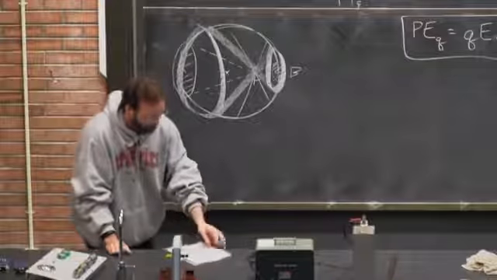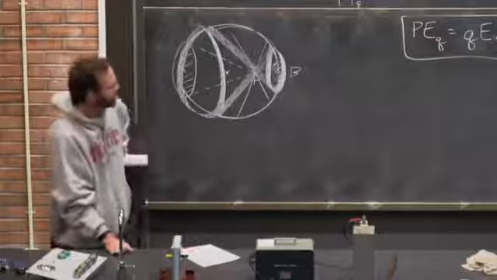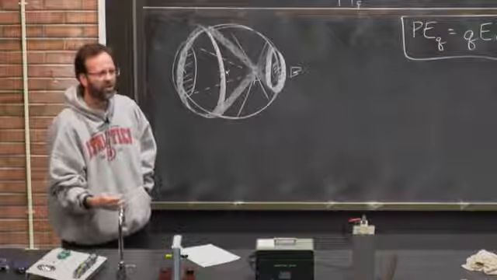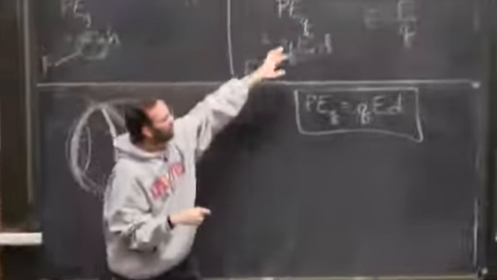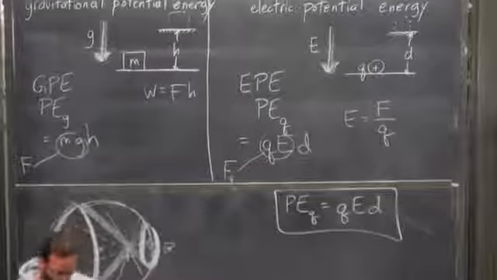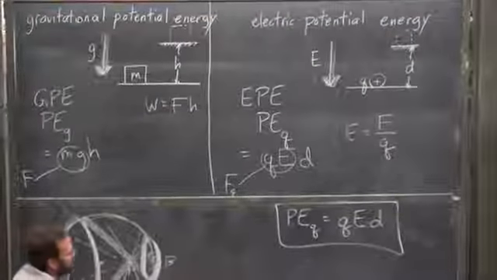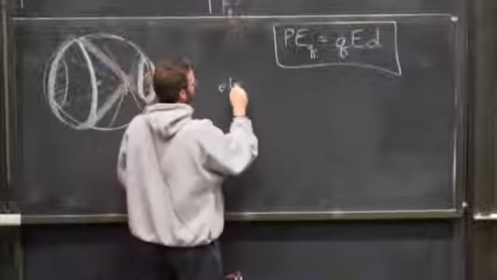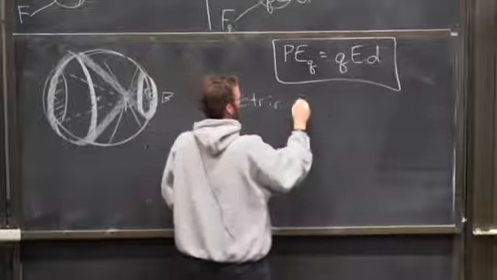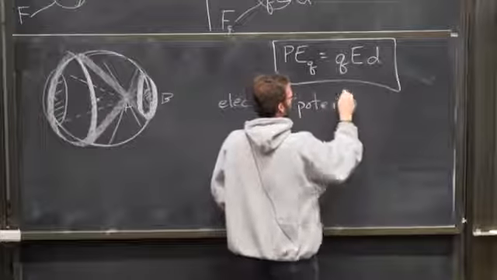Now, the new term is, since we deal with so many charges, instead of dealing with them as individuals like we usually can with masses, there's a lot more charges. We define a new term, and it is the electric potential. And this causes students no end of confusion.